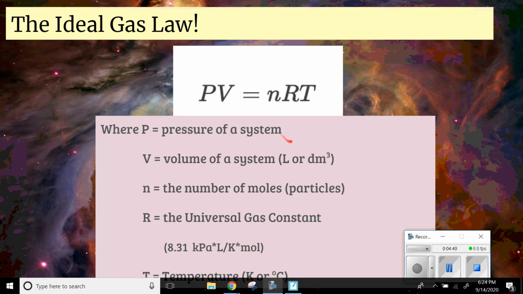Also remember that for IB, we're only using the pressure when it's in kPa. So you'll see some practice problems where it's in atm, and I might give you the R value for that, but IB will only use the pressure in kPa. So please take a moment. This needs to be written down somewhere, highlighted. This is the formula that you're going to use in the next practice problem.